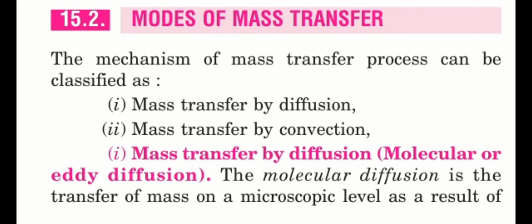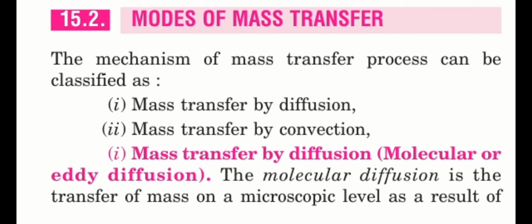Next, let's look at how mass transfer by diffusion takes place. Mass transfer by diffusion is also called molecular or eddy diffusion. As the term indicates, diffusion takes place at the molecular or microscopic level.